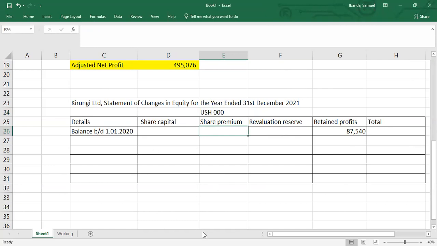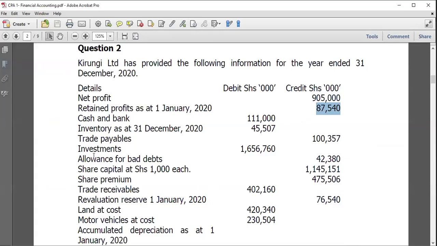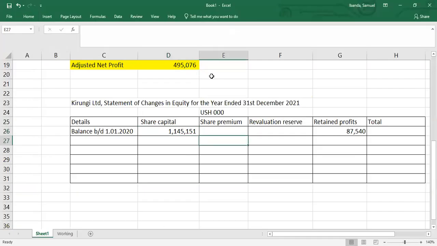So basically that. Then I'll come here and say my share capital. They have given me my share capital, which is this. This is what I'm going to record on the other side for share capital as balance brought down. So I'll just come here, record the share capital value, okay?